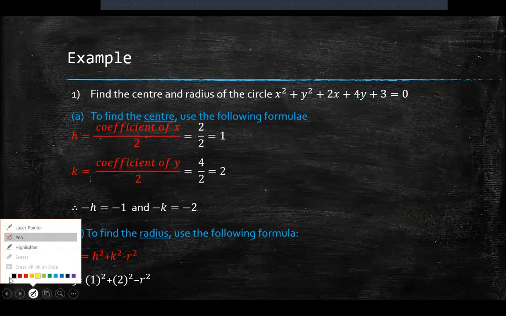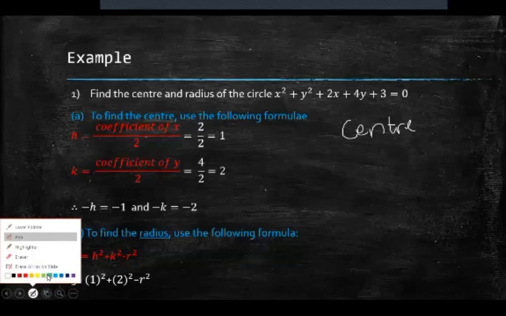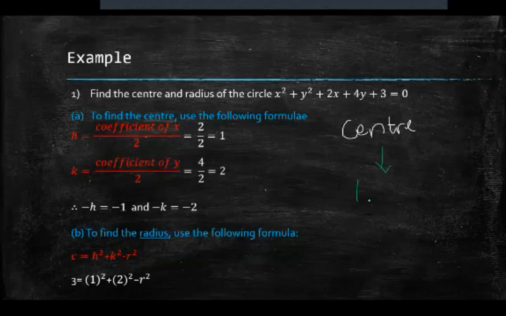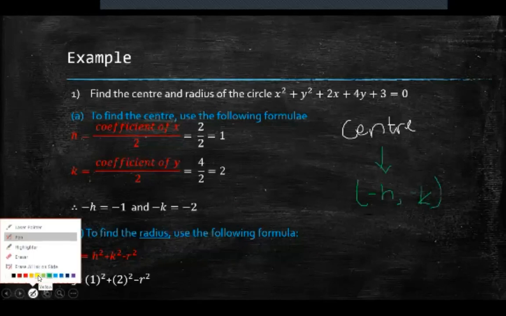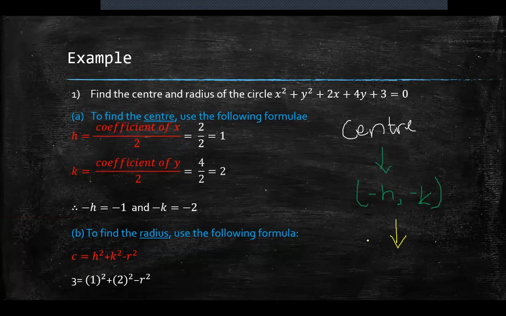So the center is in the form minus h, minus k. And we just found out that minus h is equal to minus 1 and minus k is minus 2. So what does that mean? Our center for this question, if they had asked me to find the center, would be minus 1, minus 2.